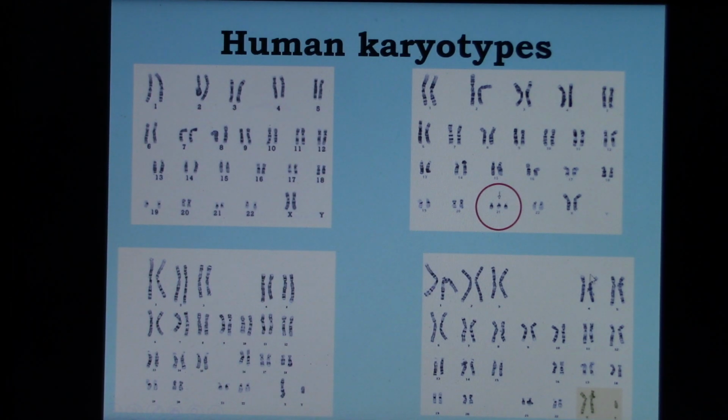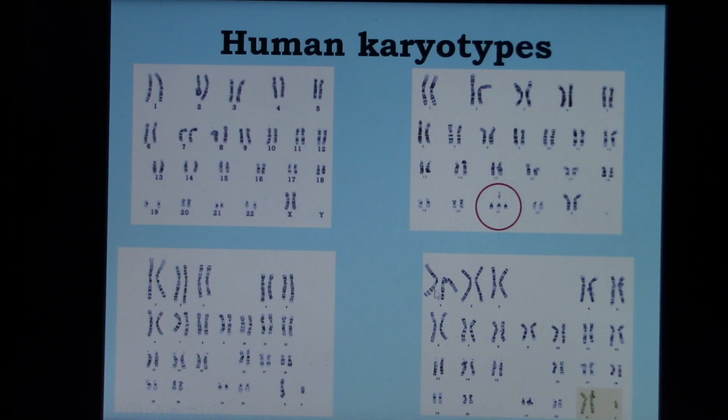And this is a karyotype of a male with Klinefelter syndrome. How do I know? It's not because I am really an expert at reading these, but I can count.